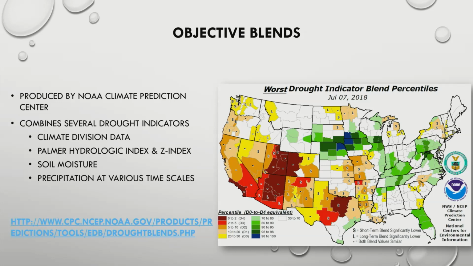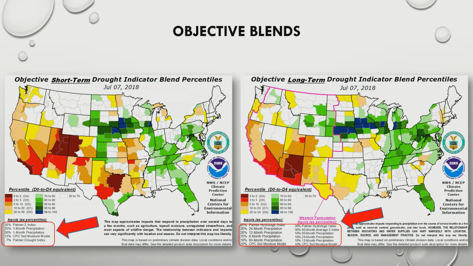The L's and the S's and the dash on the map represent whether you're predominantly seeing short-term or long-term, whichever dominates between the two of them for the worst conditions, and the dash is both short-term and long-term. These maps all come out weekly.